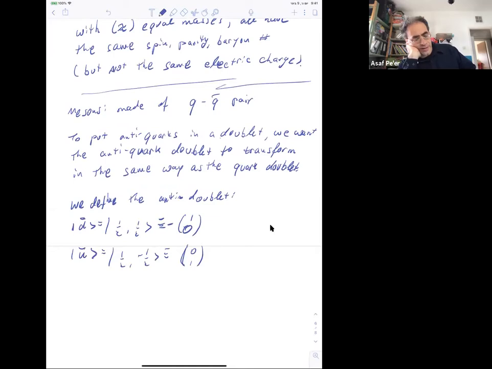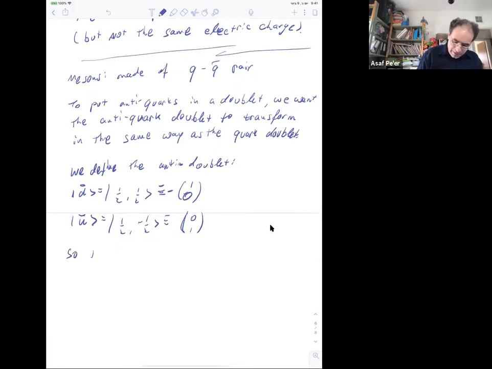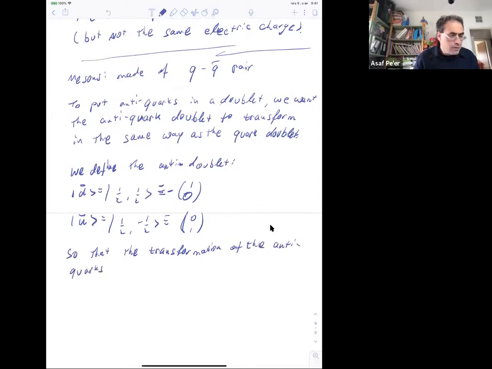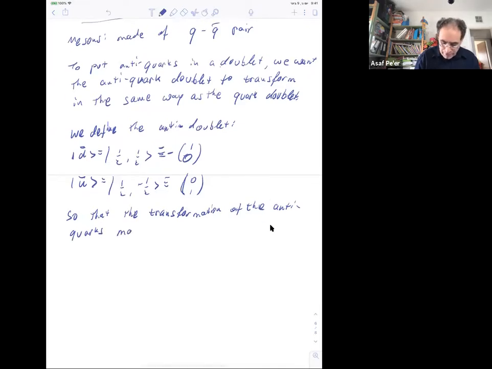I added this extra minus because it ensures that when I transform the antiquarks, the transformation matches exactly that of the quarks.